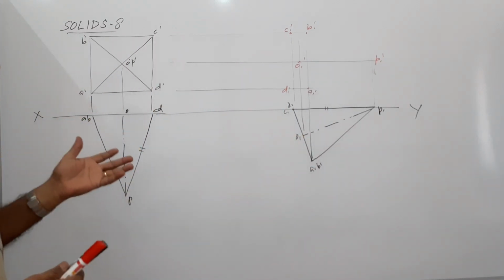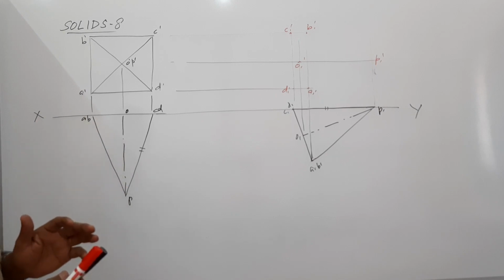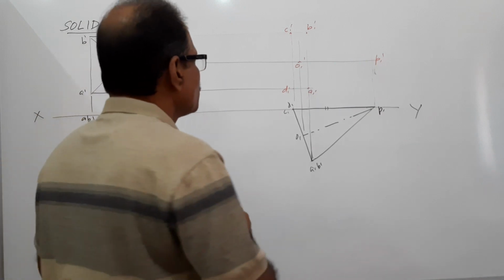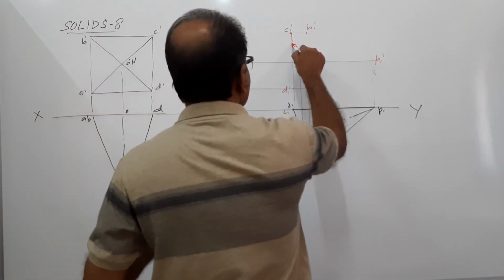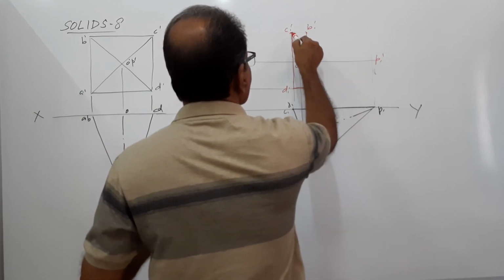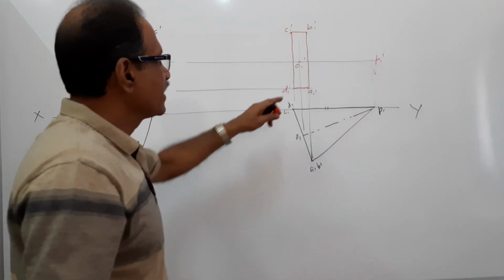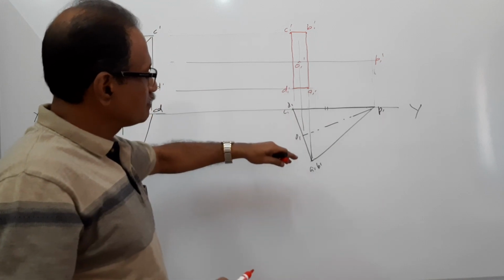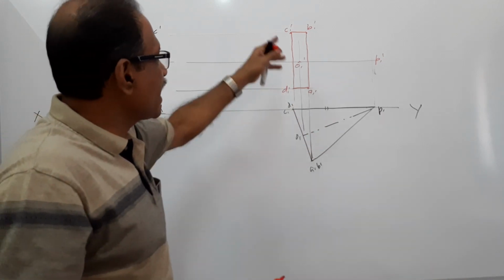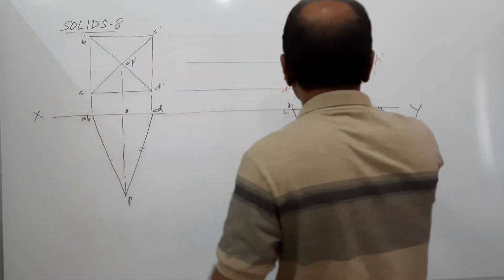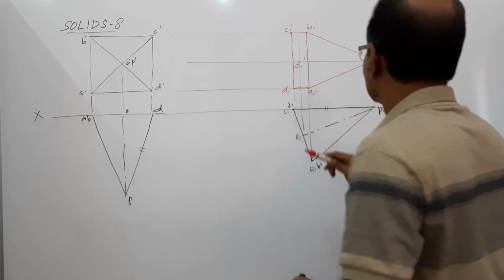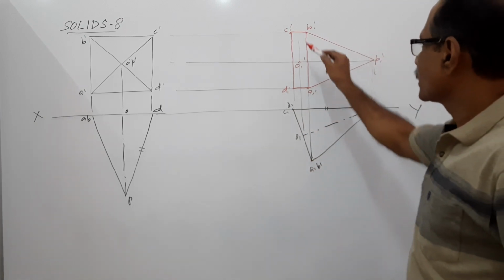Now, all visible edges are firm lines, invisible edges are dotted. What are visible? The base is exposed, the base is visible, firm lines. Then AB is nearer to you, so ABP you will see.